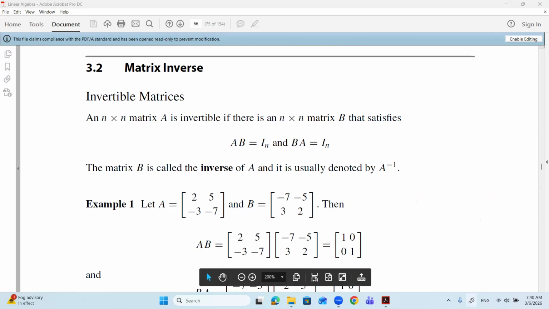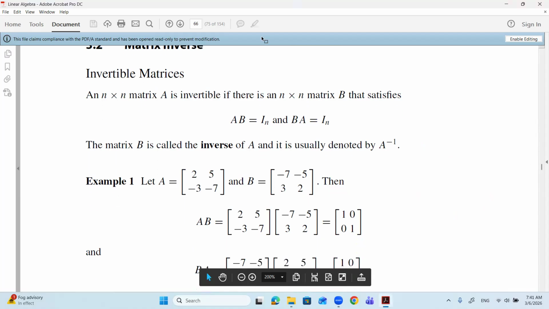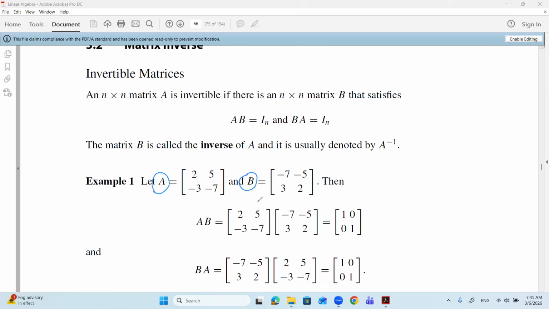So here's a given pair of 2 by 2 matrices. Here A is given, B also given. How do we know B is an inverse? We just check. If I want to say B is the inverse of A, then we need to know whether A times this given B is an identity matrix of the same size, 2 by 2.